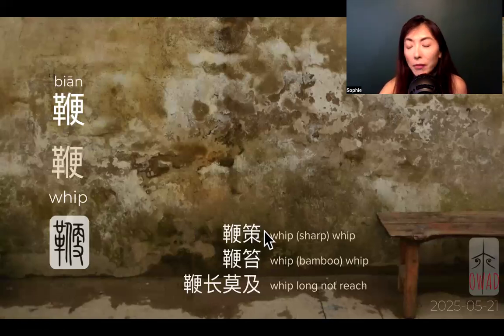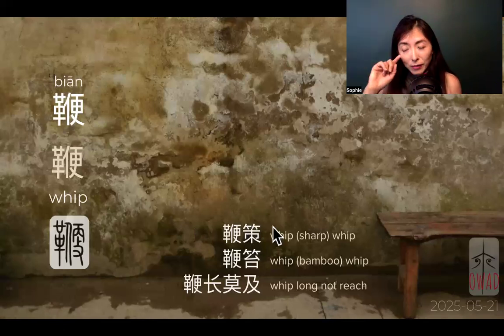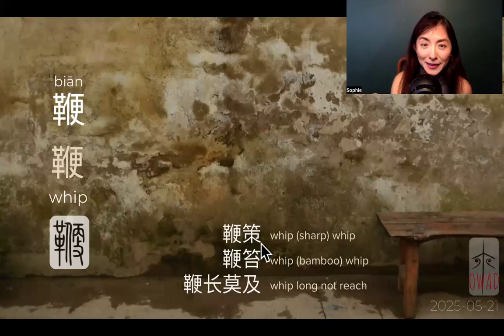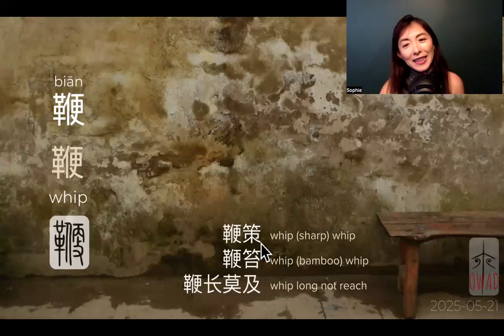So that means something made of bamboo, just like 鞭 is made of leather. So bamboo plus this 箠, I believe it's 箠, because we don't use that alone anymore, means piercing. So this is a sharp or piercing whip.